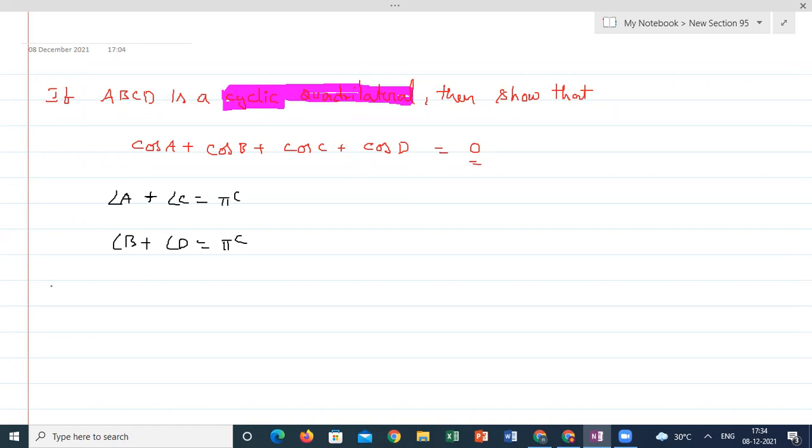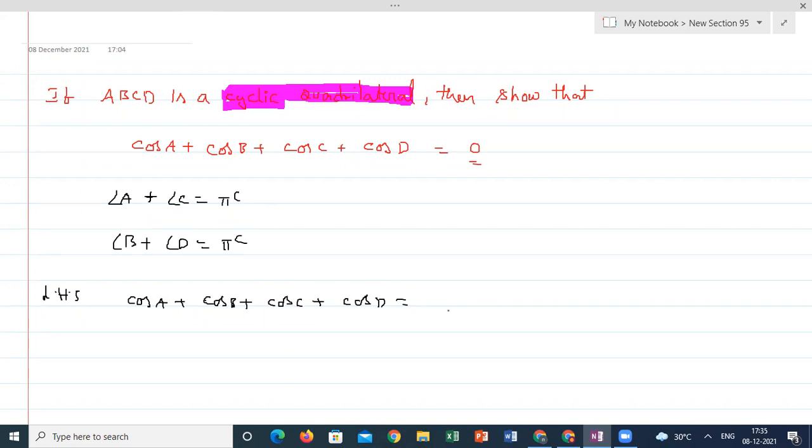So from here, I'm taking LHS: cos A plus cos B plus cos C plus cos D. You pick anything, either C or D can be eliminated, or either A or B can be eliminated.